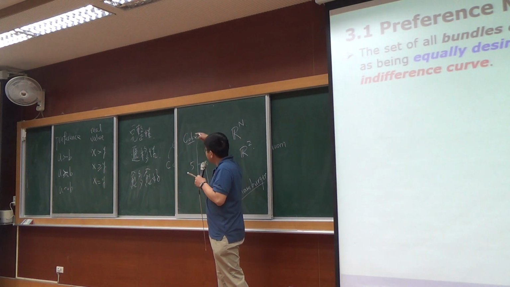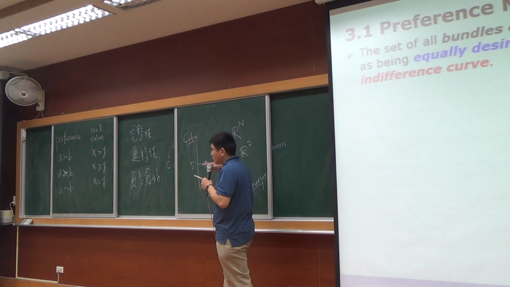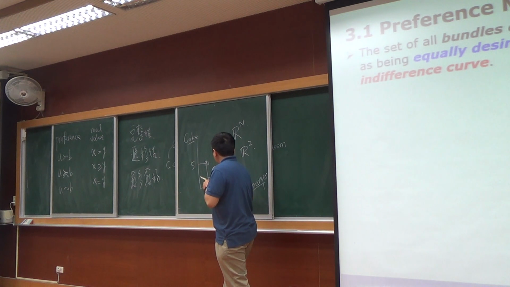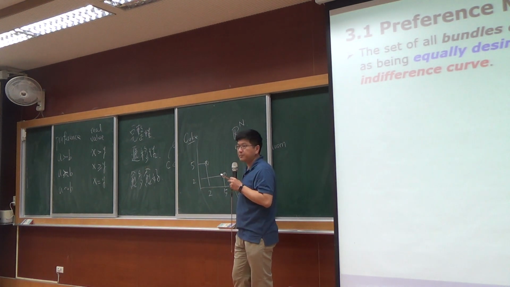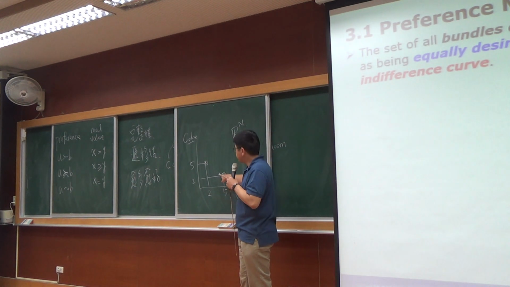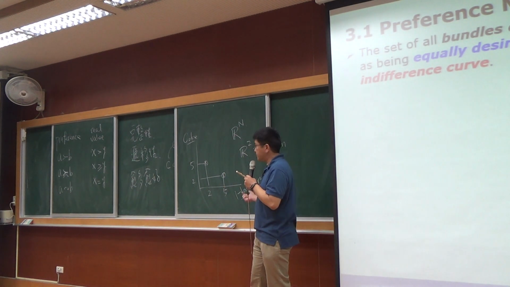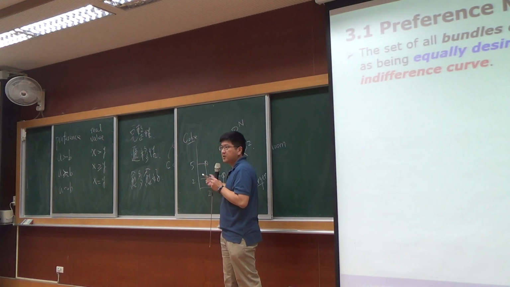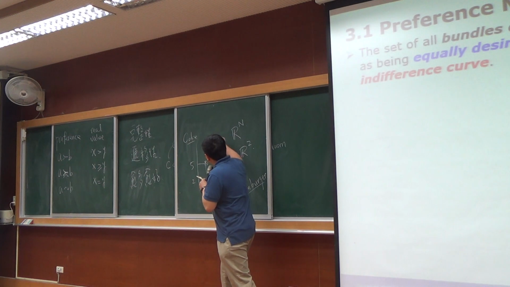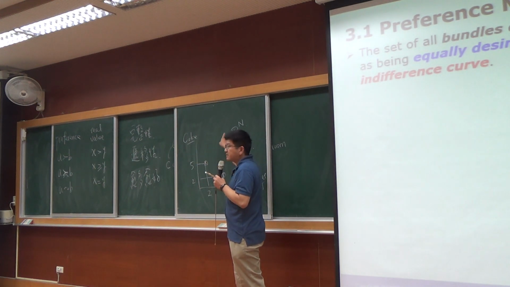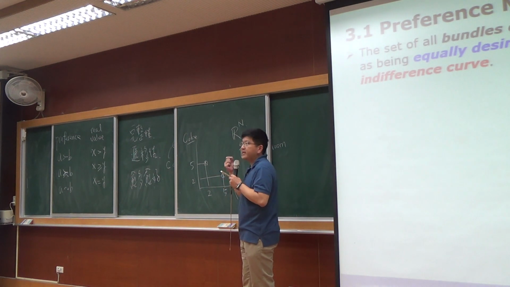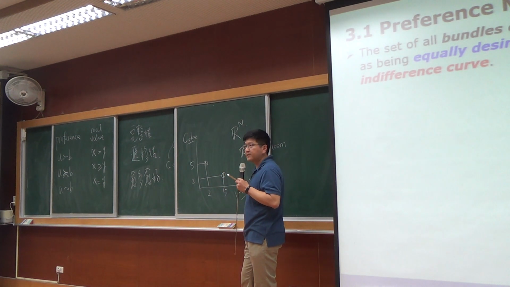And like 5, 2, it's another bundle. This point represents 5 hamburgers and 2 cups of Coke. Okay? So any point on the 2-dimensional plane is a bundle of goods.